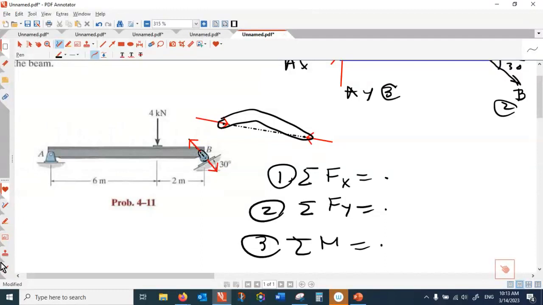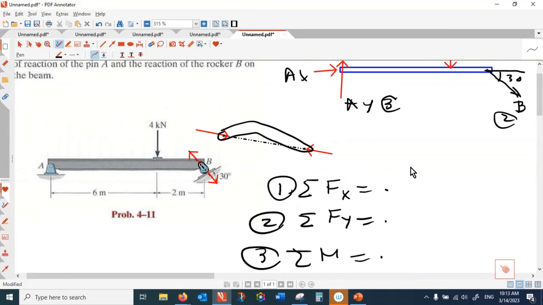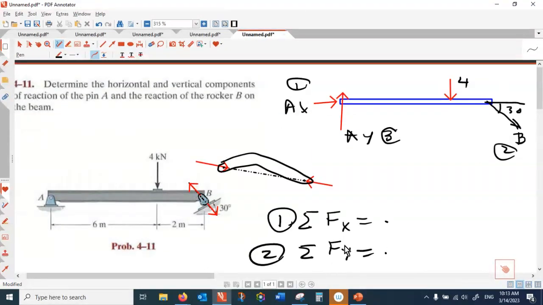Maybe you can start with 3. From problem to problem, which condition you start with is not the same. Here, can I start with the third equation? Who can tell me, if I want to start with the third condition, how can I apply it to give me something solvable? With respect to B, let's see what happens. Yes, either A or B could be a good starting point.